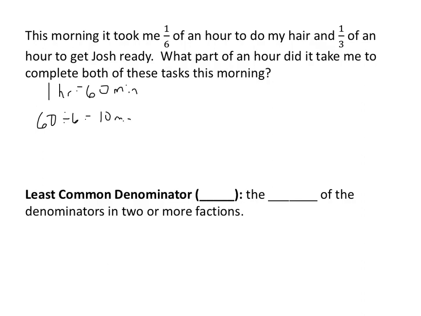So 1/6 of an hour is equivalent to 10 minutes. So it took me 10 minutes to do my hair. If we're doing 1/3 of an hour, that's basically taking our 60 and dividing it by 3, which gives us 20, so 1/3 is equal to 20 minutes.